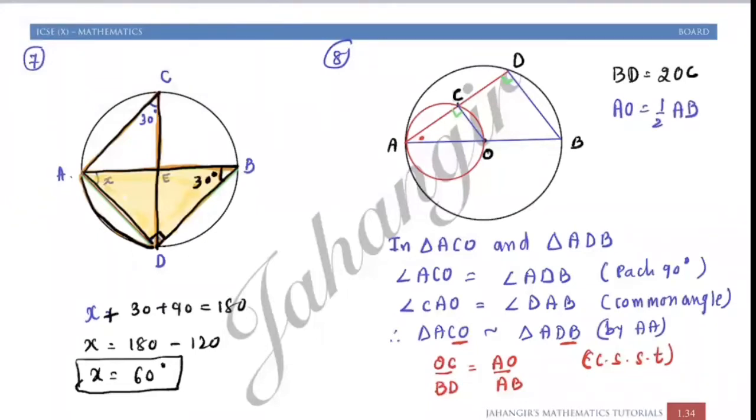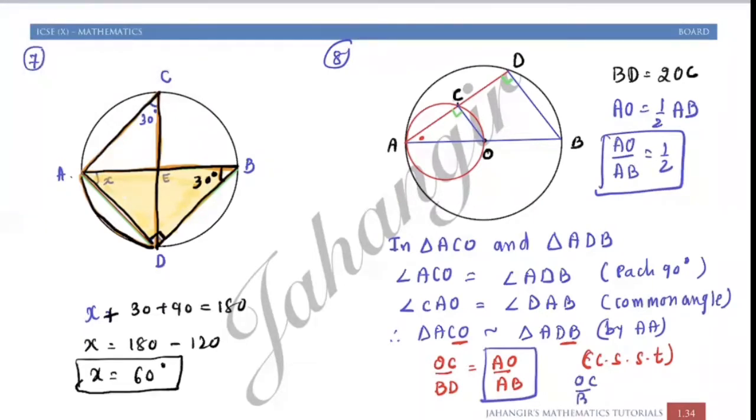AO is the radius of the bigger circle, so it is half of the diameter. So I can write AO upon AB is equal to 1 by 2. So this result I can put over here. This is half. So I can write OC upon BD is equal to 1 by 2. So cross multiply, you will get BD is equal to 2 OC.